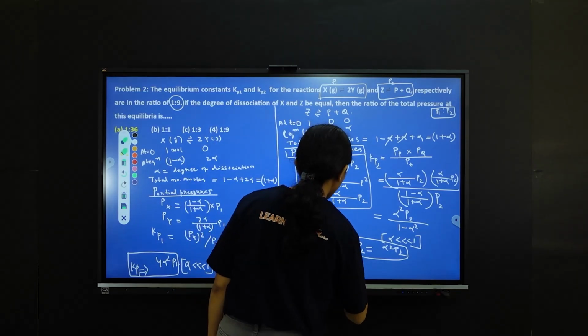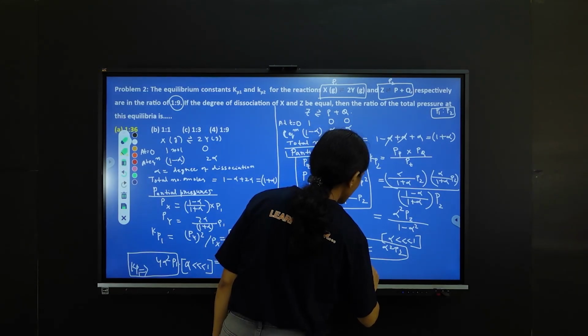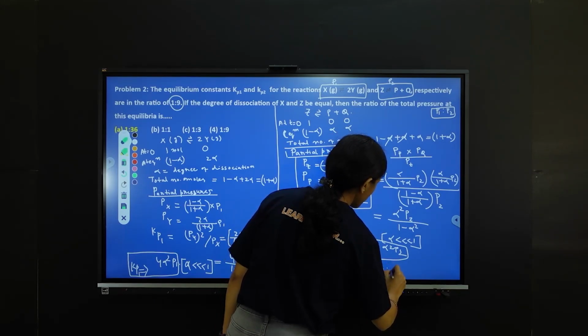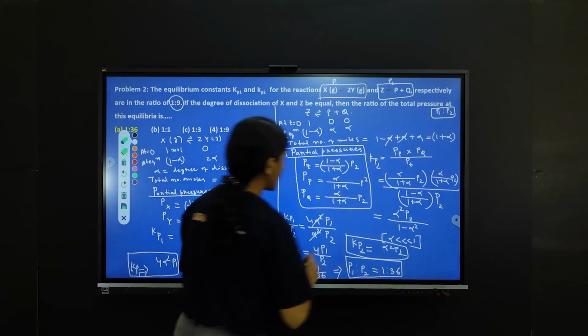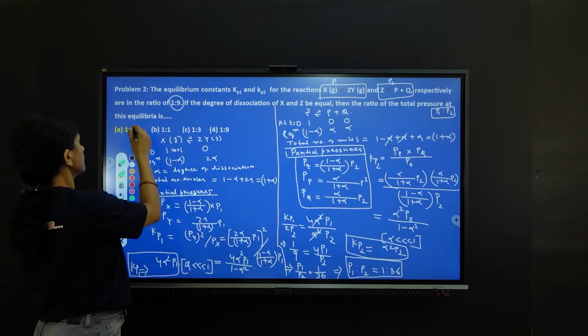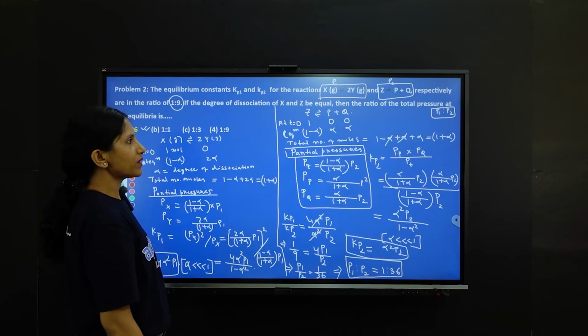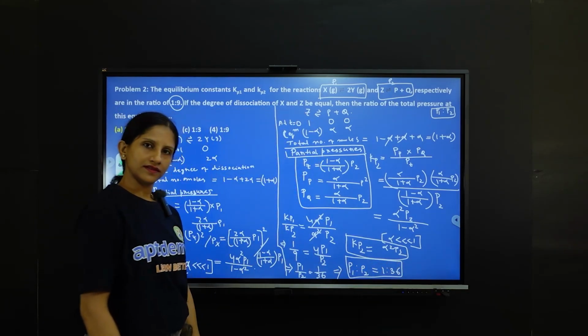So our P1 is to P2 is equal to 1 is to 36. And you can see from the options given here that option A is the correct option. So P1 is to P2 has come out as 1 is to 36.